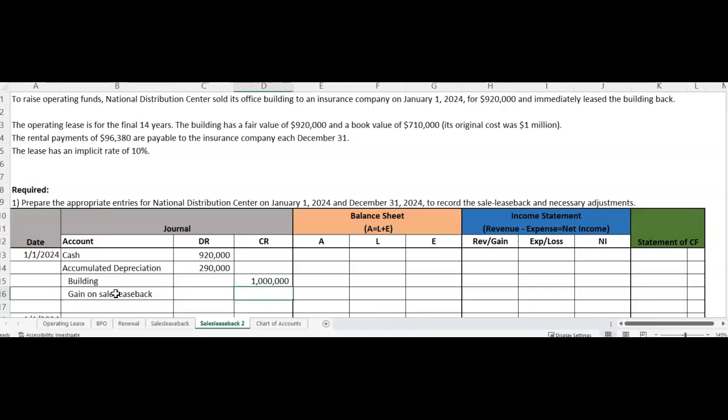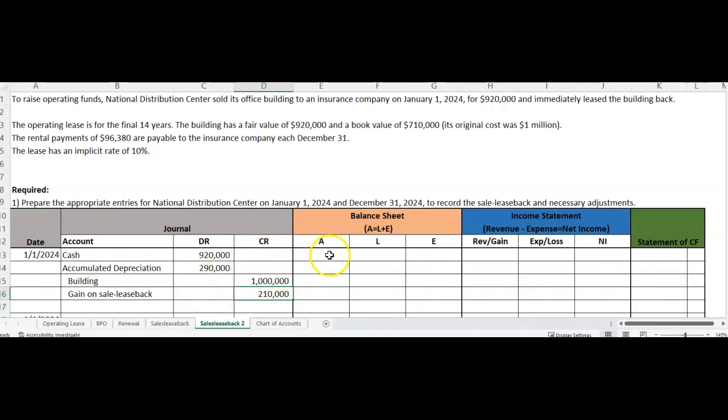That would be sort of a plug, or whatever we'd need to balance out, or $210,000. Another way, you don't just balance out. Notice you had a book value of $710,000 and a fair value of $920,000. So $920,000 minus the book value of $710,000 gives you a gain of $210,000 as well. So I said plug, but you can actually calculate it. It's not a straight plug.